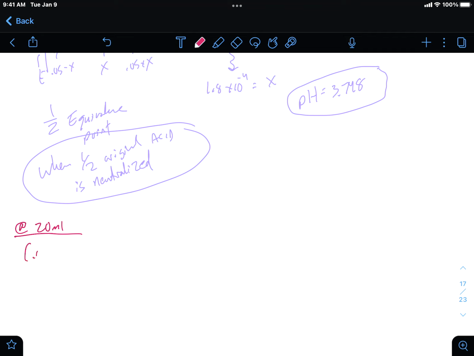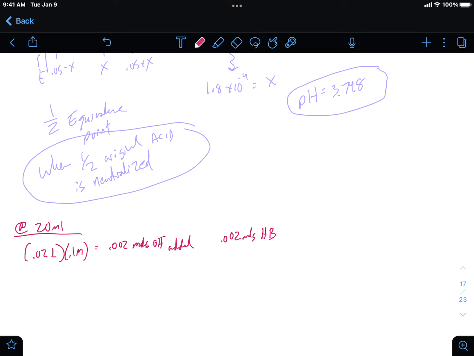So 0.02 liters, 0.1 molar, 0.002 moles of OH minus are added. Remember that we started this with 0.002 moles of HB, the weak acid. How much will HB decrease by?